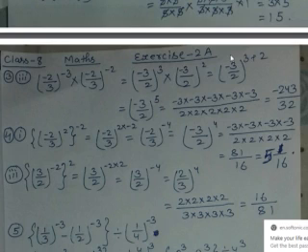So now I added the powers, as you can see, it becomes (minus 3/2) raised to the power 3 plus 2, that is 5, so it becomes (minus 3/2) raised to the power 5. Now we multiplied minus 3 into minus 3, it becomes plus 9. In the same way 9 3s are 27, 27 3s are 81, and 81 into 3 is 243. Odd times it is. You can see 5 is odd, so it will be negative only. So minus 243 by 32 it will become. 2 2s are 4, 4 2s are 8, 8 2s are 16, and 16 2s are 32.